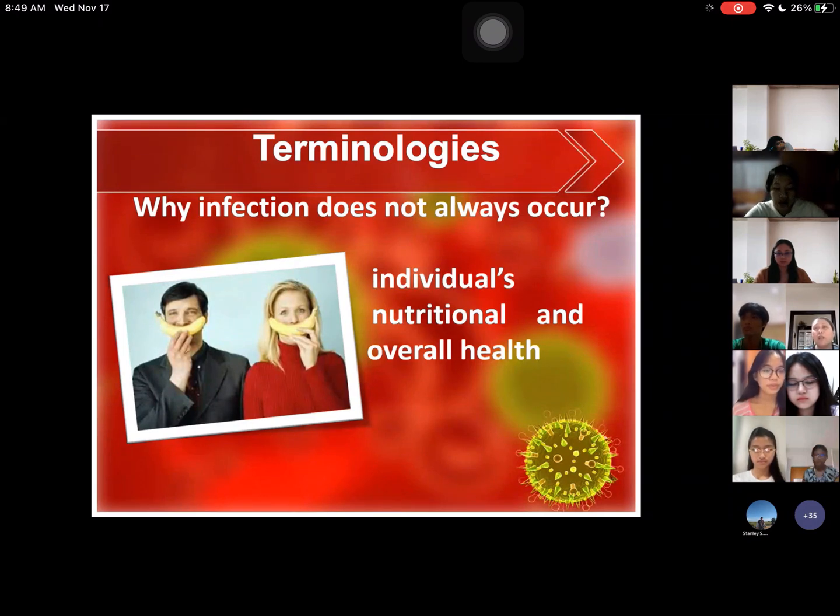Okay, preventing our system from having the infection by having good nutritional health or overall health is one way to prevent us from having the infection or the disease.